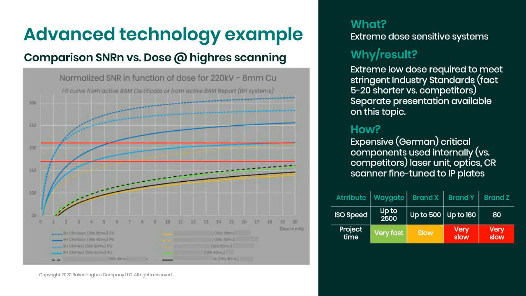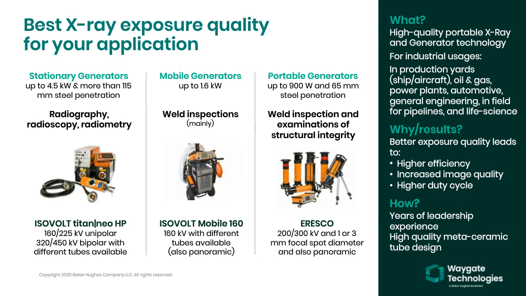So for the same system, you have a throughput which can be much higher than any of the competitors. If you want to have more information about this specific topic, we do have a separate presentation available on this topic.